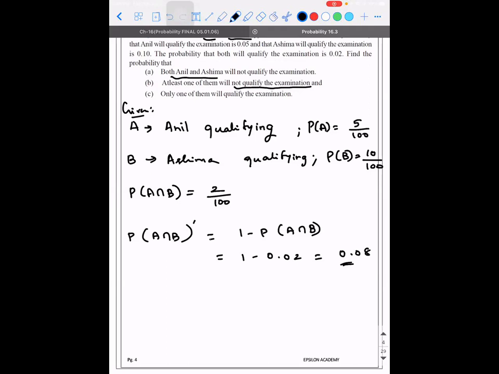So how is it going to be? So how can we take the condition? See, I've described the event A as Anil qualifying, event B as Ashima qualifying. Right? Both Anil and Ashima will not qualify means I took it as A intersection B, the whole dash.